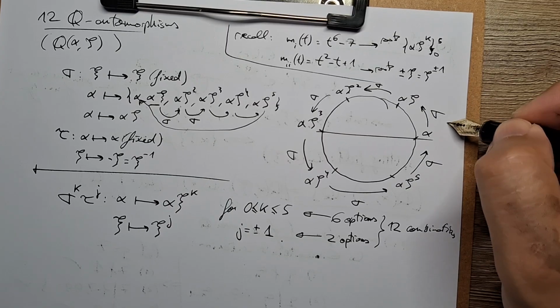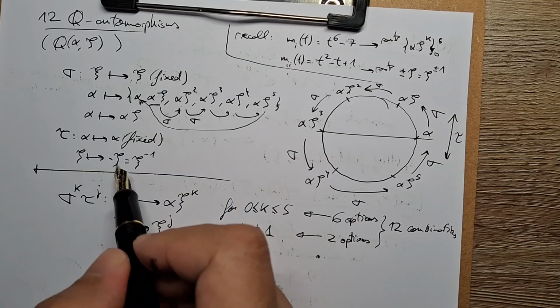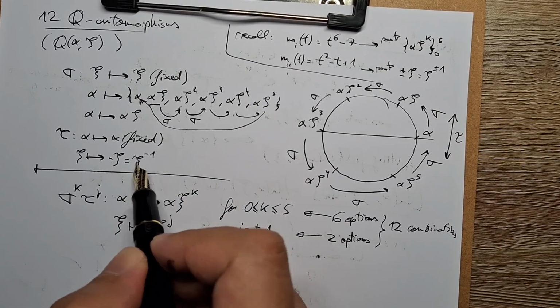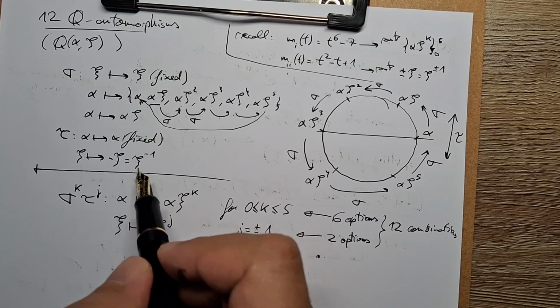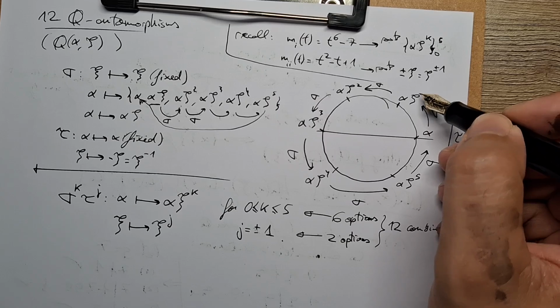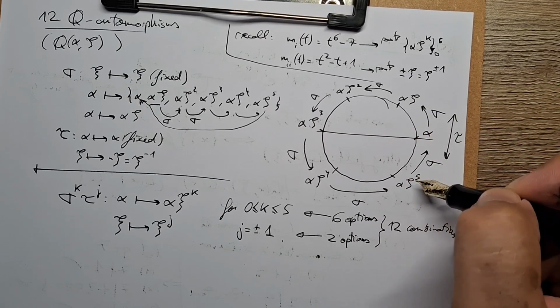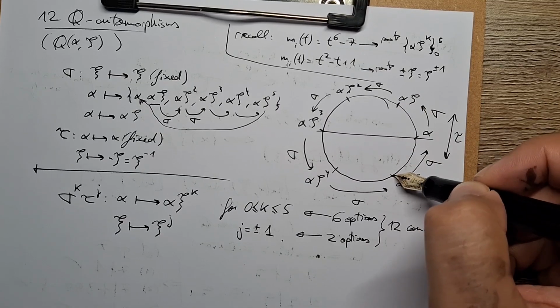In the drawing that we had before, doing tau means to just flip, because tau is just sending theta to its negation, which means that if you are here, you do theta to the power of minus 1, which is equal to theta to the power of 5. So it's like sending this point to this point.